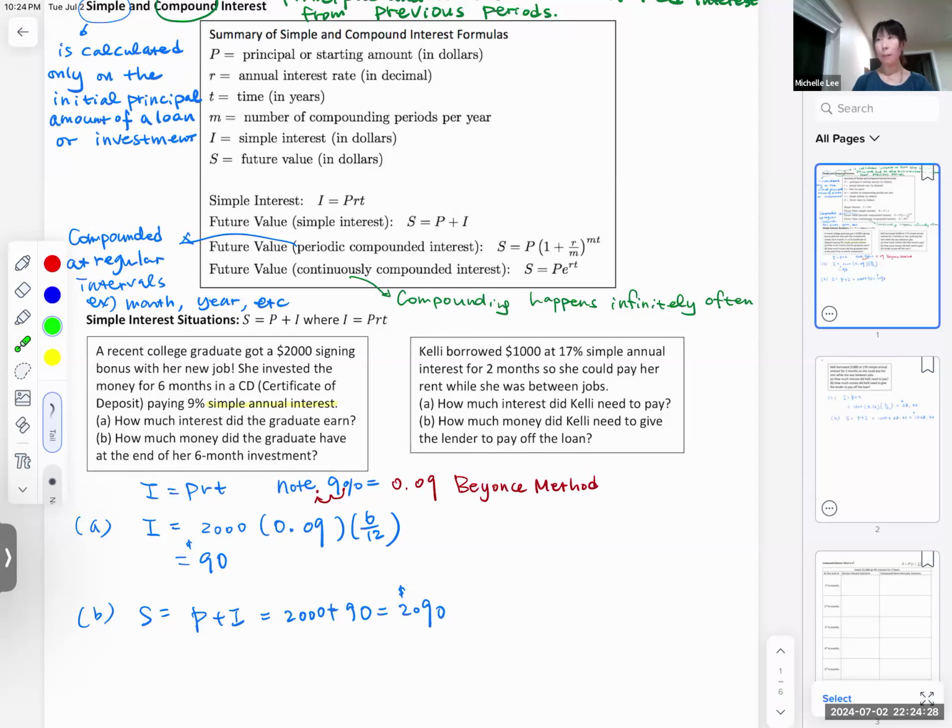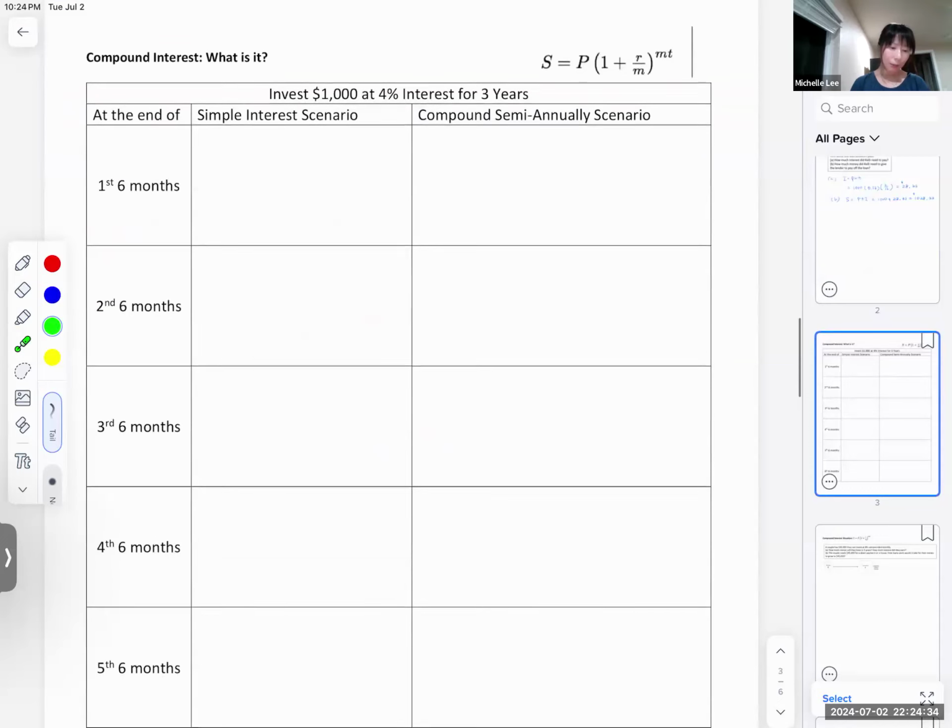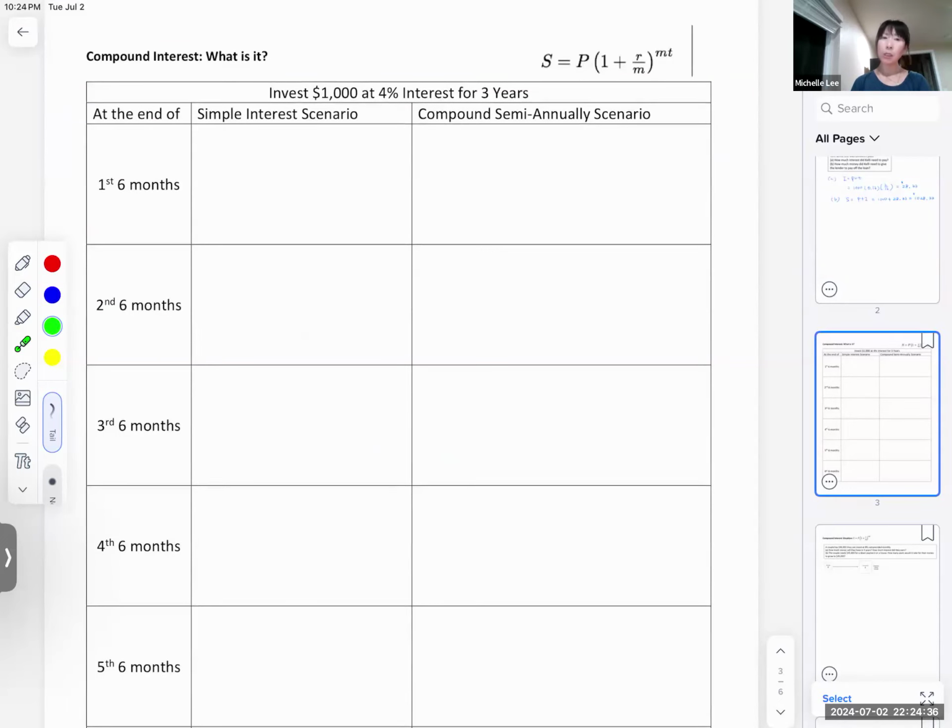All right, now let's finish the simple interest first because we just did. First one: I equals P R T. The principal is 1,000. The rate is 0.04, because 4% is 0.04.